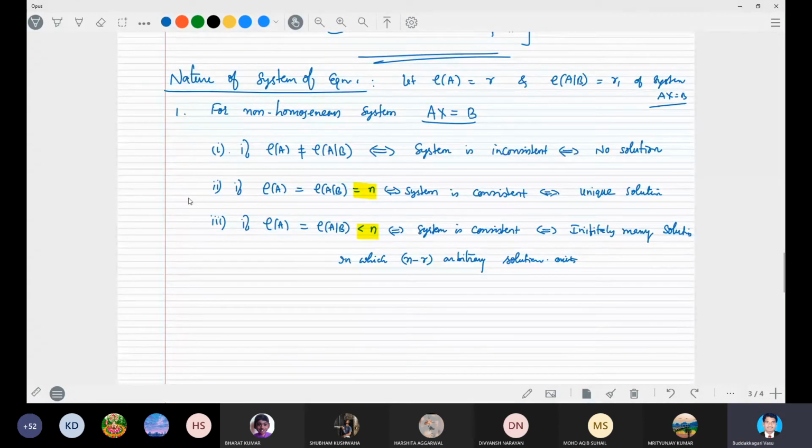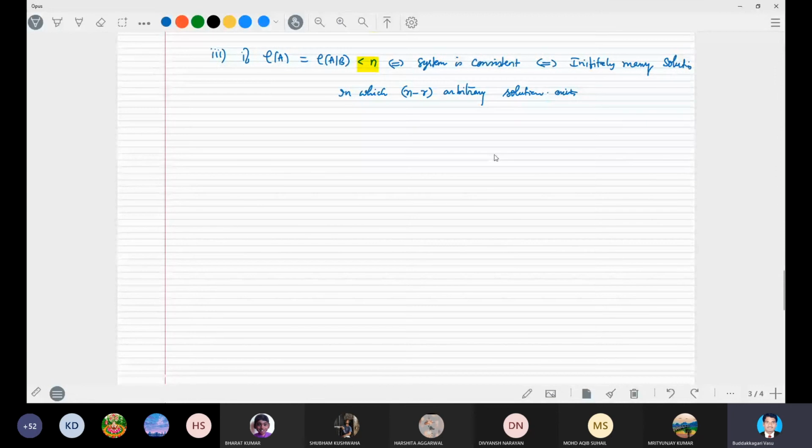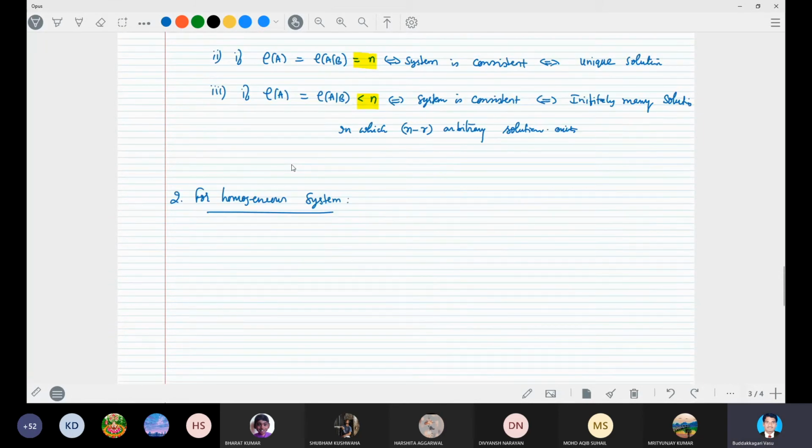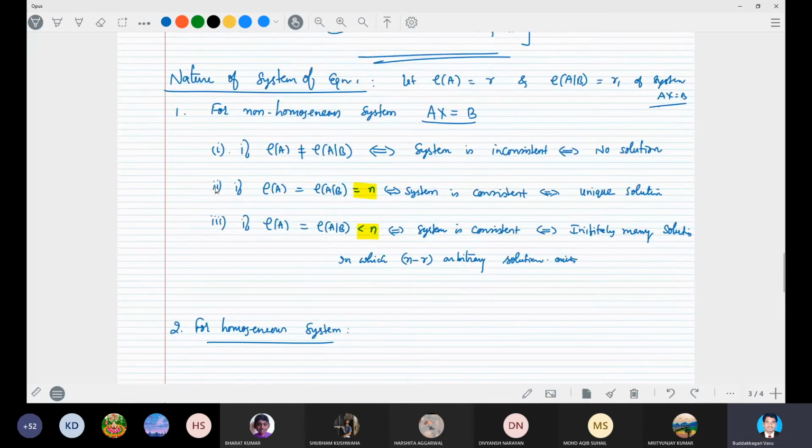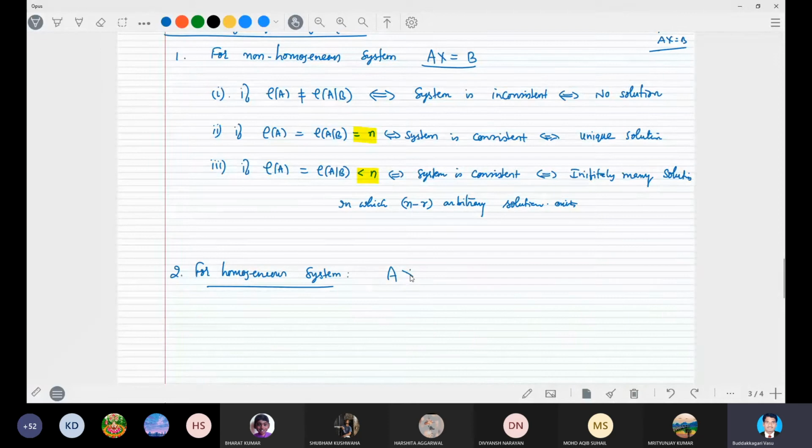In the same way, we can define the nature of the homogeneous system, which is Ax equal to 0. It always has a trivial solution.